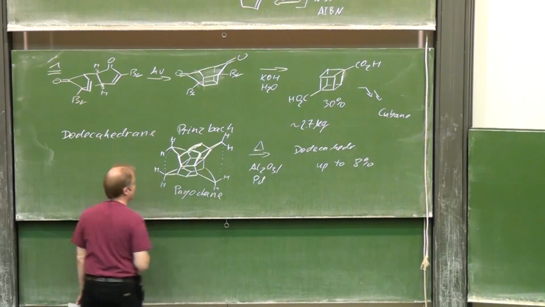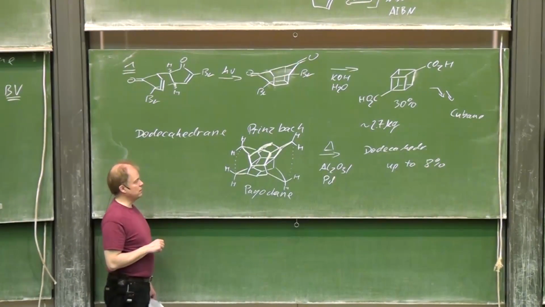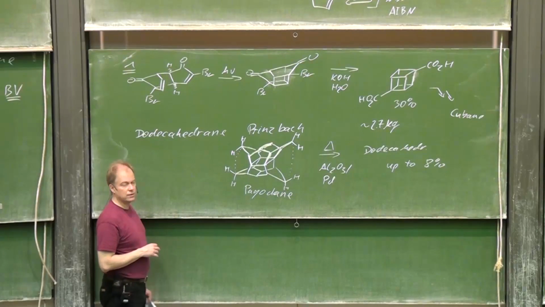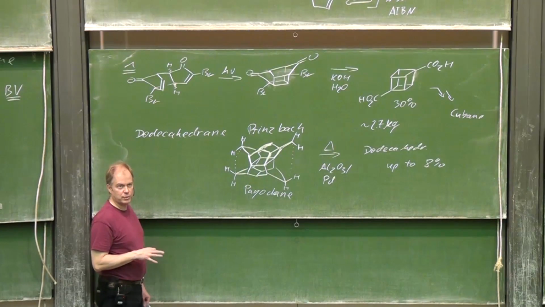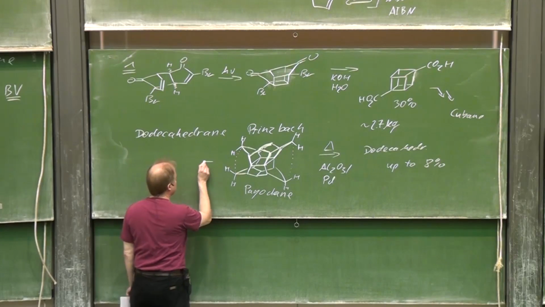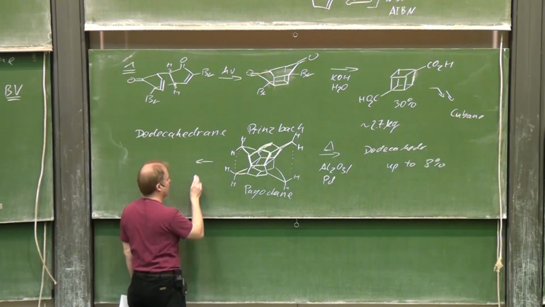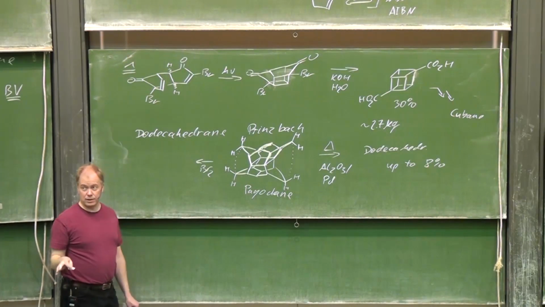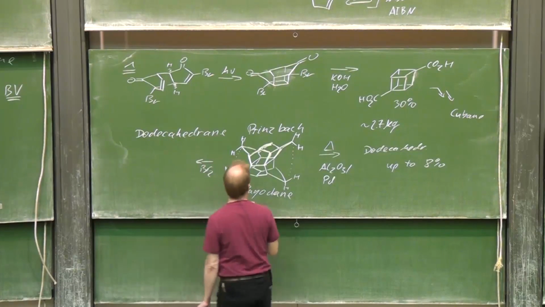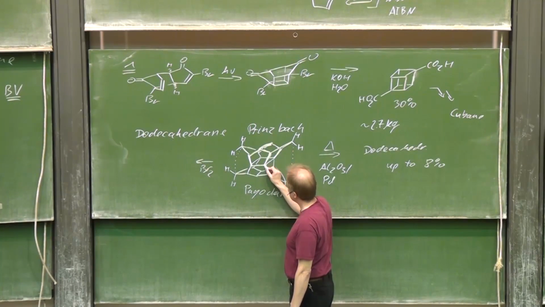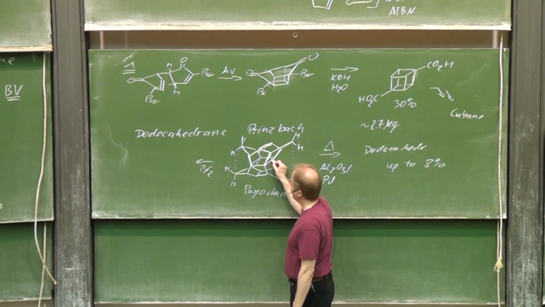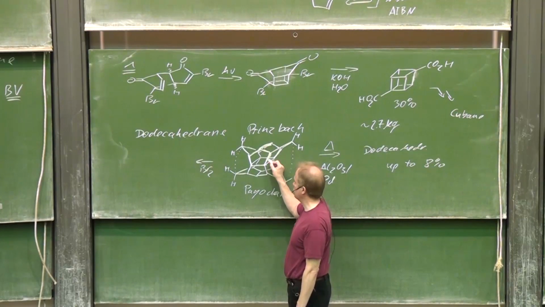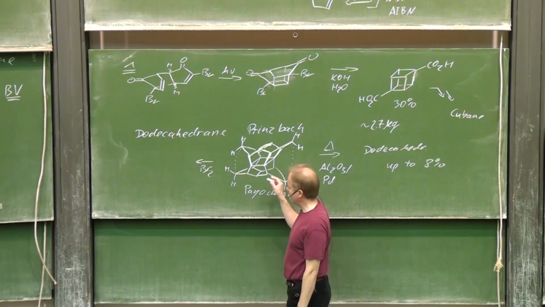Well, a much better yield of the dodecahedrene skeleton they achieved by adding one equivalent of bromine to that single bond. Of course, it's symmetrical, or that.